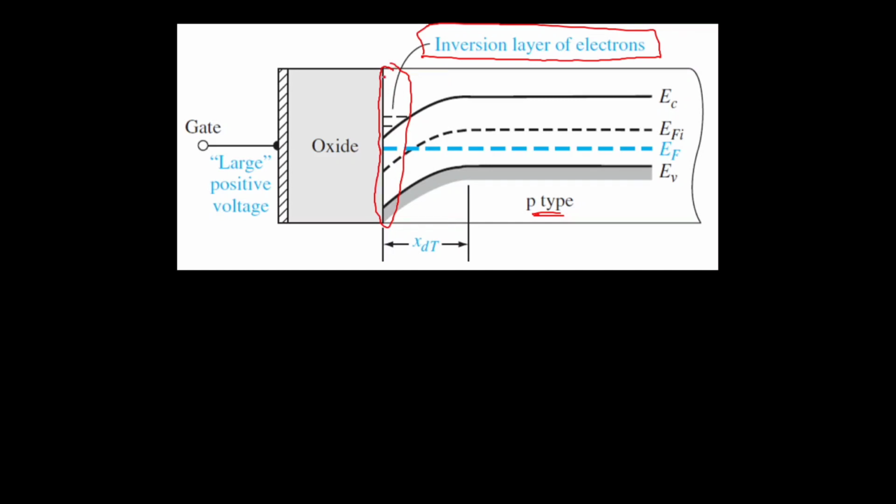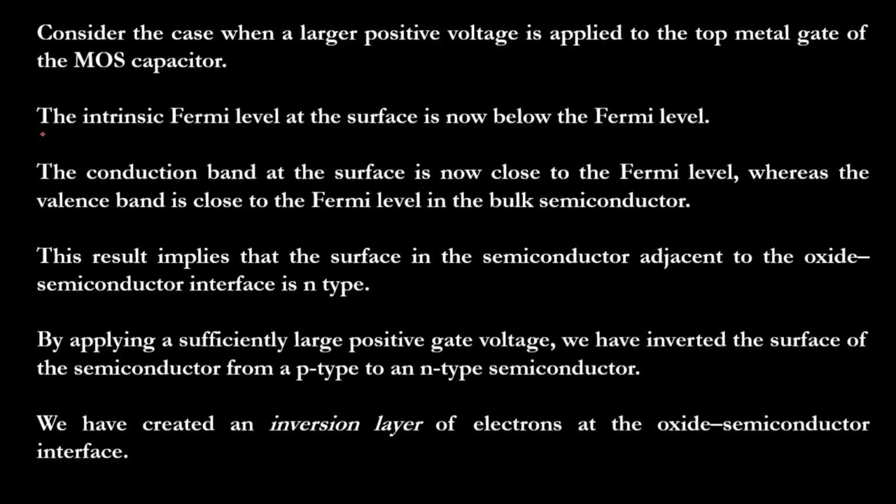So the band bending will happen more. You can see the Fermi level is actually less than the intrinsic level, so inversion will occur. That's what is told here. The intrinsic Fermi level at the surface is now below the Fermi level. The conduction band at the surface is now close to the Fermi level, whereas the valence band is close to the Fermi level in the bulk semiconductor.